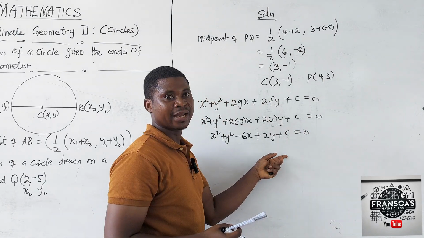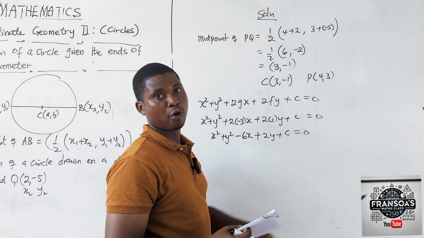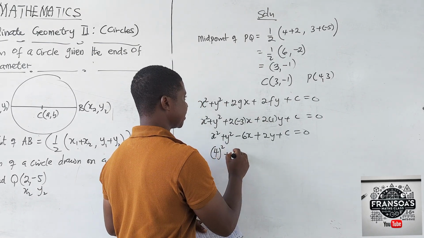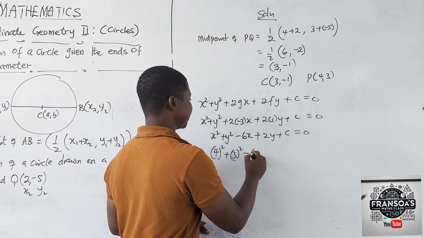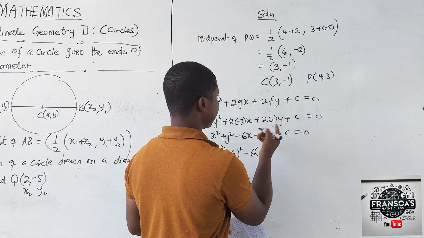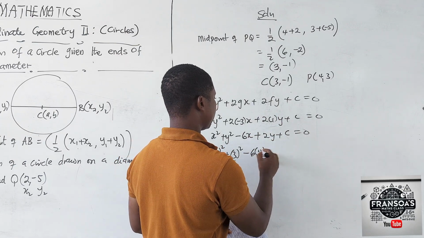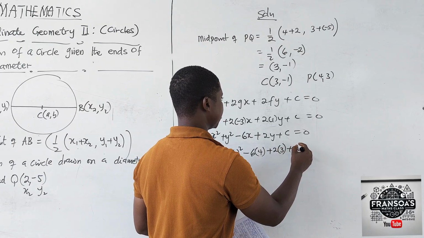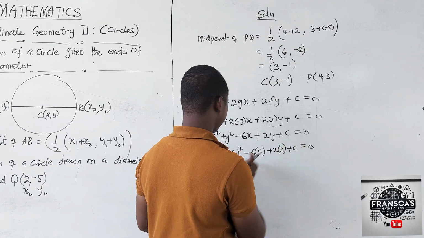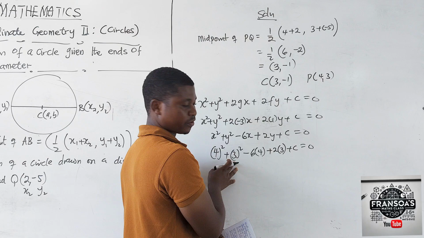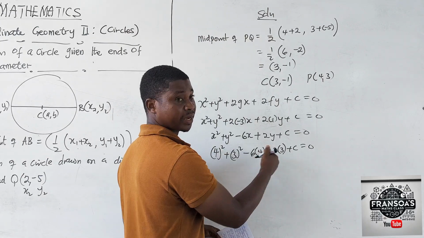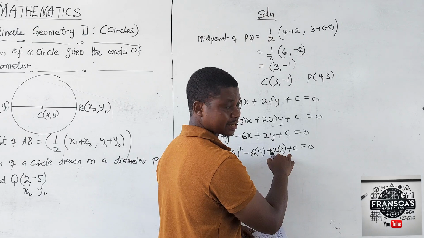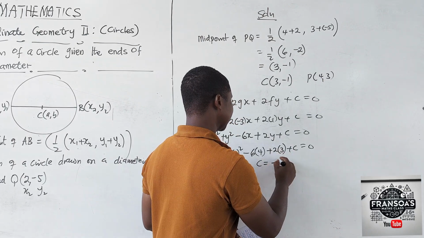Having gotten that, you can get c by substituting our point into that. So 4 squared plus 3 squared minus 6 times 4 plus 2 times 3 plus c equal to 0. So 16 plus 9 is 25, and minus 24 plus 6 is minus 18, so 25 minus 18 gives us 7, so c plus 7 equals 0, and c is equal to negative 7.